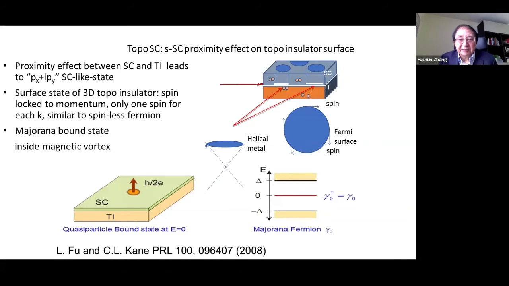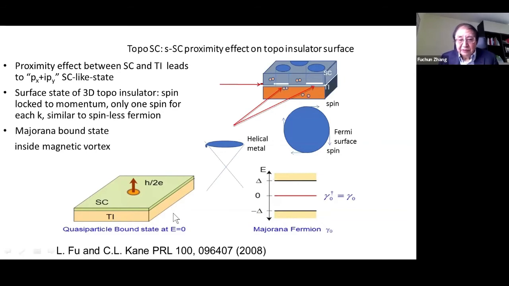Here it's perpendicular. So that system, in that sense, is similar to spinless fermions as proposed by Kitaev or by Read and Green, those people. But there's an important difference: there's no time reversal symmetry broken in this system. But for the purpose of inducing a topological object like a Majorana mode, this serves the purpose.